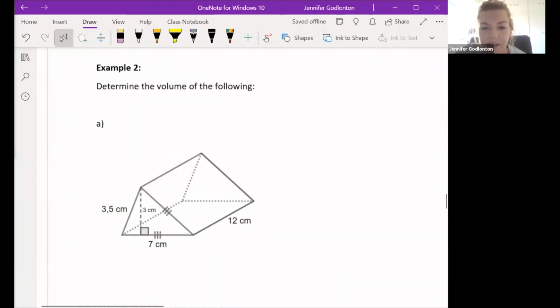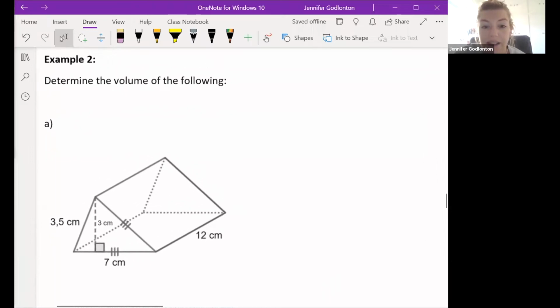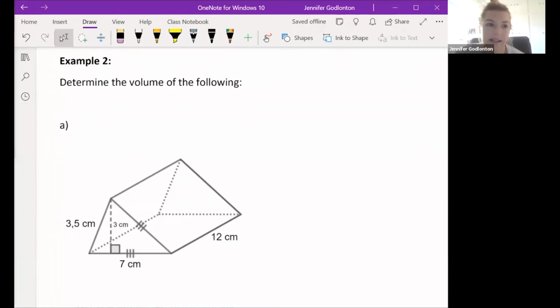So this would be a very simple question here. Okay, there's nothing scandalous about it. It would just be like a normal routine type question. There's a couple of things that have been put in here to throw you off, but other than that, we're good. Okay, so we need to find the area of our base, and then we need to times it by the height of our shape.